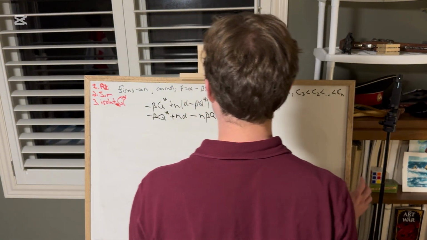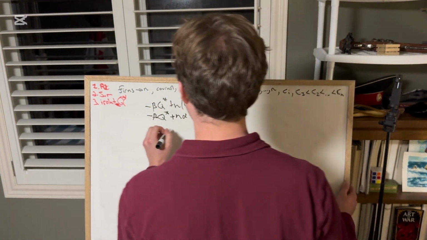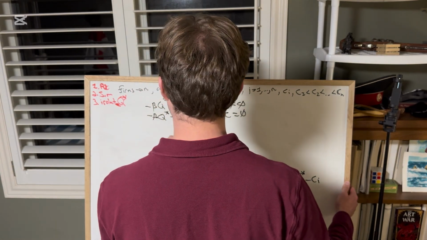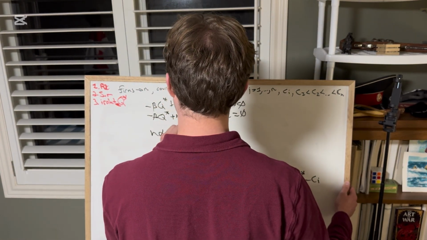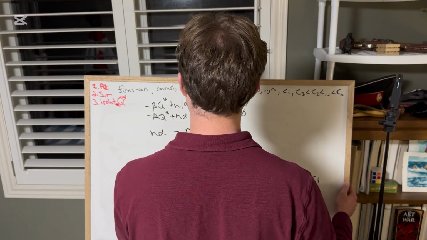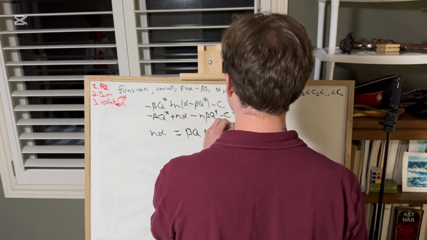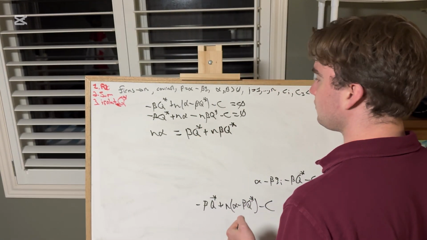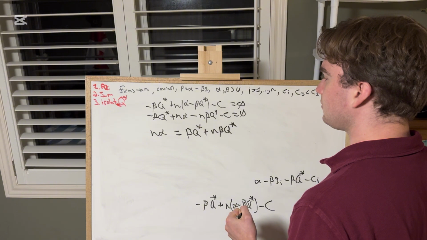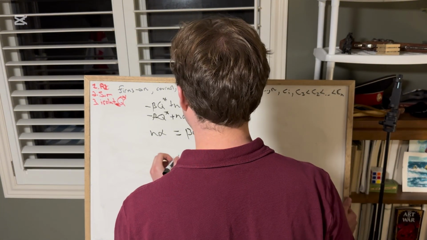Move these to the other side. So you're left with N alpha B Q plus N B Q, and you gotta get Q out of there.